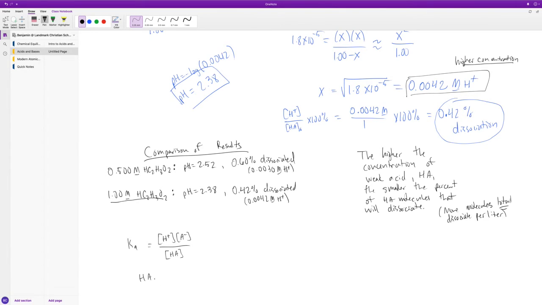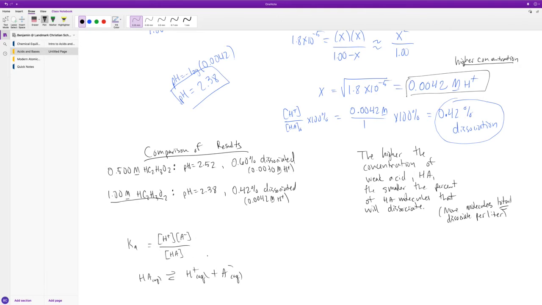And you've got your HA, aqueous, dissociating to H plus and A minus. Okay, why would you get less percent dissociation here if you have a higher concentration here?